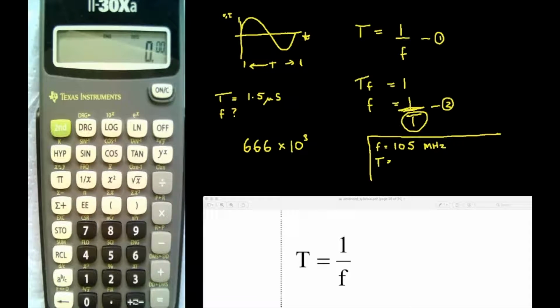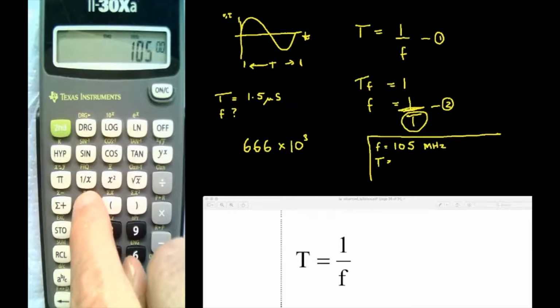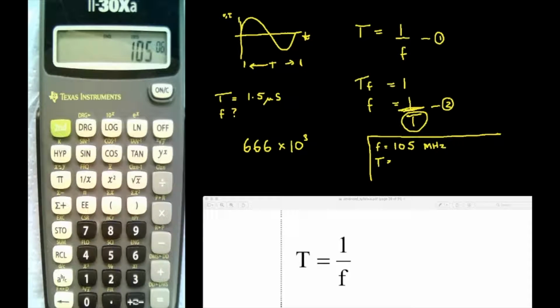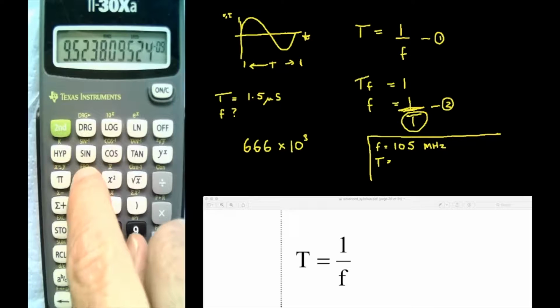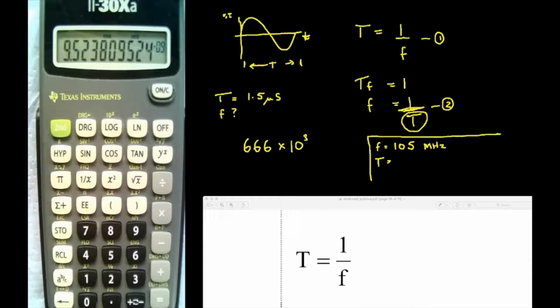Going to the calculator, we press clear. 105 EE6 megahertz. That's in the display, the X display. We need 1 over that. We press the 1 over X button, and we've got 9.52 times 10 to the minus 9.